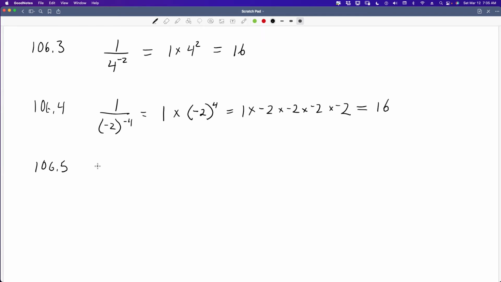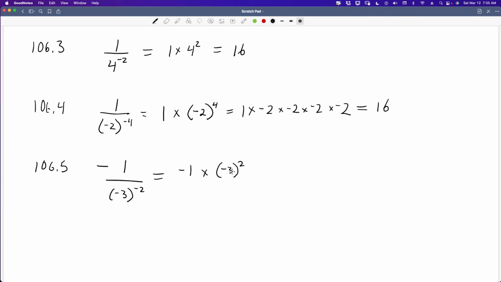And here we have a negative 1 over negative 3 to the negative 2. So first we need to address the negative exponent, because PEMDAS tells us that the exponents come before multiplication and division, right? So we reformat this to be negative 1 times negative 3, and we get rid of the negative sign only on the exponent.